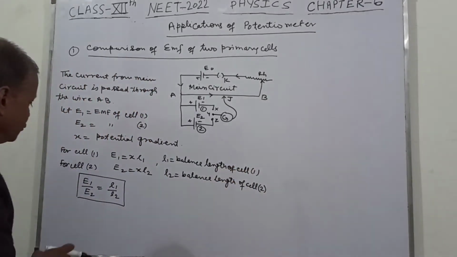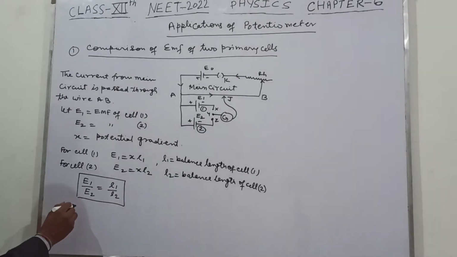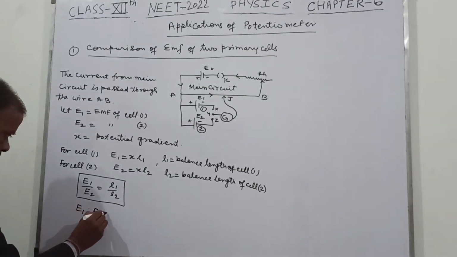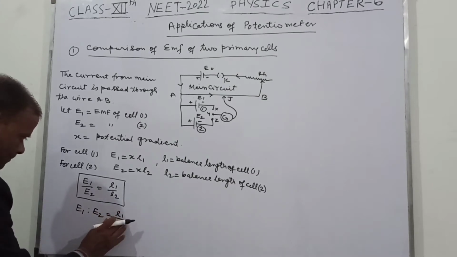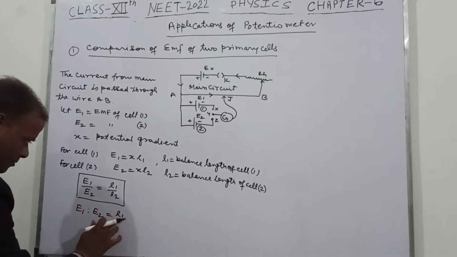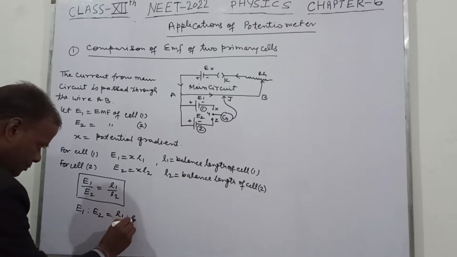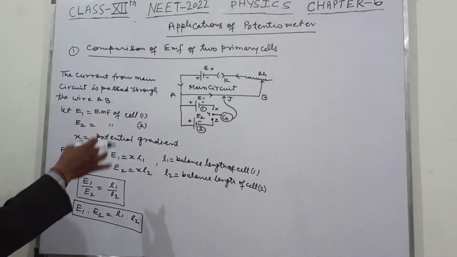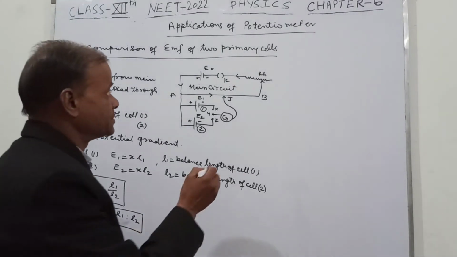So this will give you the comparison, or we can write it as E1 ratio E2 equal to L1 ratio L2. This is one way to compare the EMF of the cells.